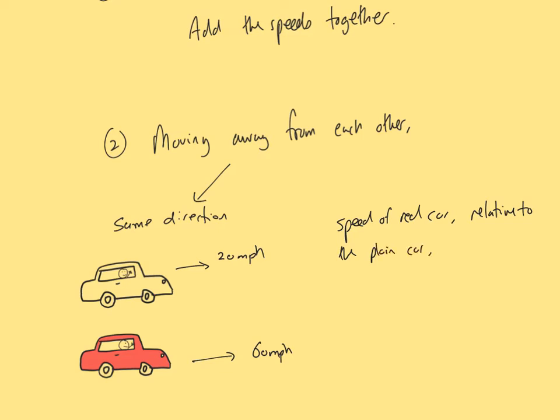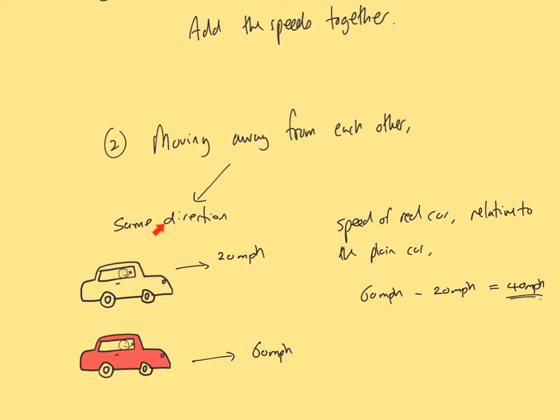What you do is take the speed of the car you're dealing with, so the speed of the red car is 60, and you subtract the speed of the plain car that's following it, which is 20, and that gives us a relative speed of 40 miles per hour. What that means is that the red car is getting 40 miles further away from the white car every hour. So even though the car's driving at 60, compared to the white car, it's only getting away from it as if it was driving at 40.